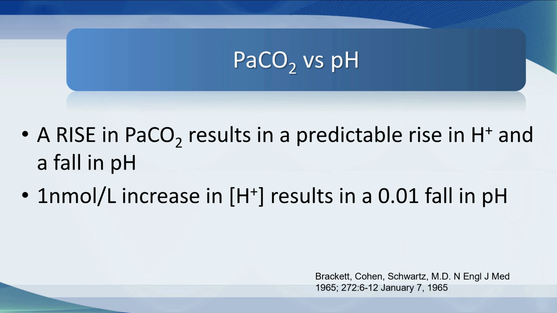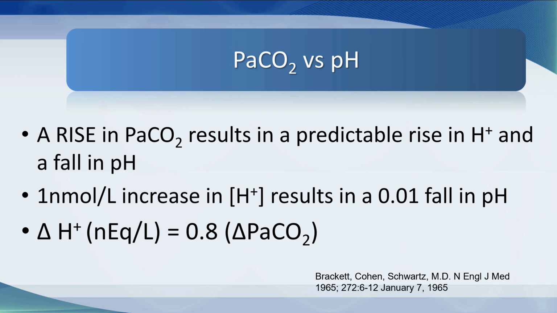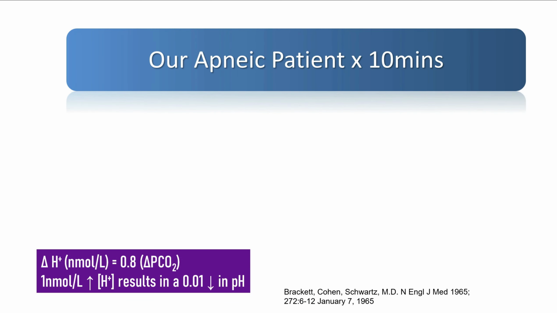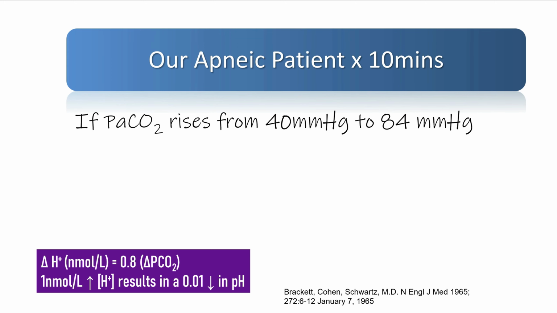Now, I'm just going to show you a little calculation. Don't be scared by this because it's really easy. That change in the hydrogen ion activity in nano equivalents per litre equals 0.8 times the change in the partial pressure of CO2 in millimeters of mercury. So looking at our apneic patient for 10 minutes, if the PaCO2 rises from 40 to 84, that results in an increase in the hydrogen ion activity by 0.8 times 44.